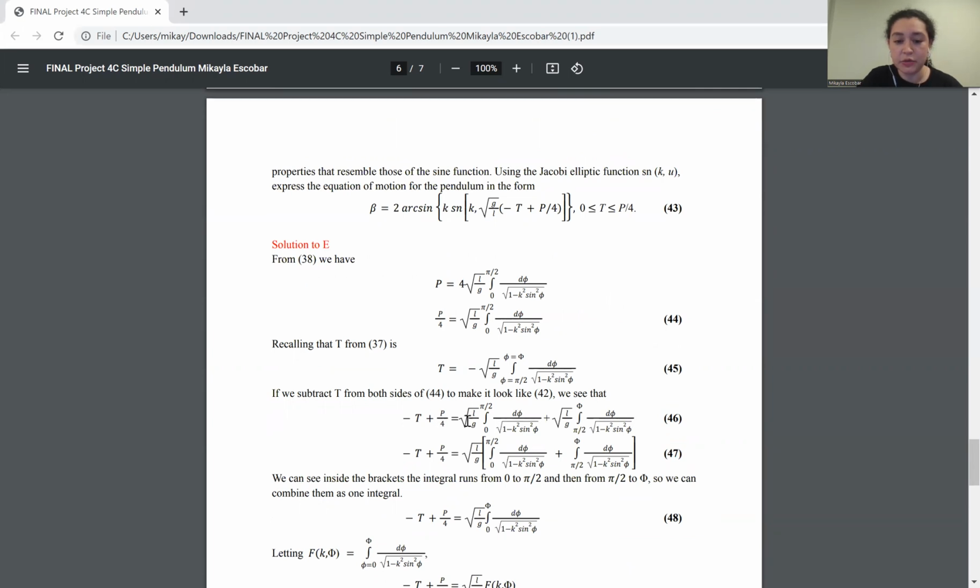This was the integral for P over 4, and this is the integral for negative T. You combine it all together, and you can see here that the inside of the integral is the same, and you have the limits of integration from 0 to pi over 2, and then from pi over 2 to big Phi. So you can combine it into one single integral, where negative T plus P over 4 is equal to the square root of L over G, integral from 0 to big Phi of 1 over the square root of 1 minus k squared sine squared phi d phi.